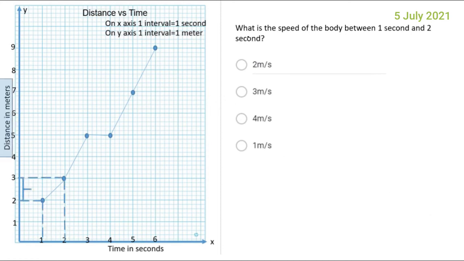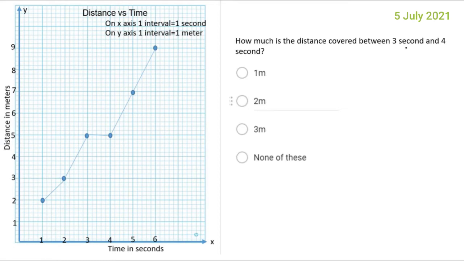Now the third question is, how much is the distance covered between 3 second and 4 second, right? We have already discussed this. Between 3 second and 4 second, the distance mark is 5 meters for 3 seconds and again 5 meters for the 4th second. So that means there is no movement here as far as distance is concerned, and so when there is no movement, the distance covered is 0.